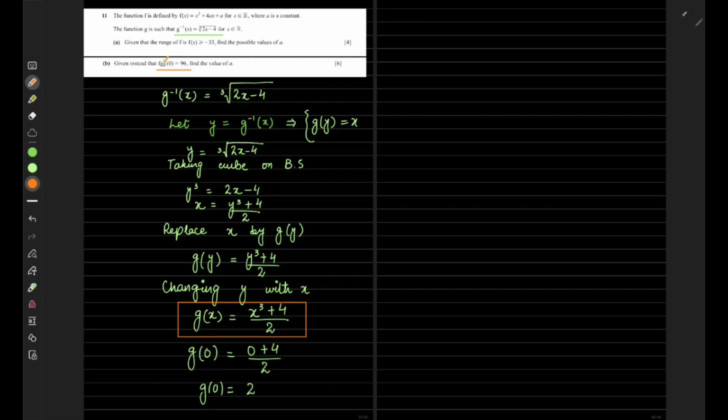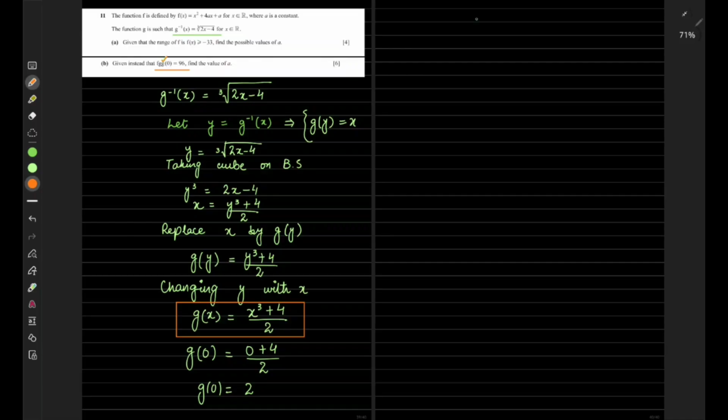Now we'll do g of 2 because now your output is 2. So now we are doing g of 2. Okay, so that will give you 2 cube plus 4 over 2. 8 plus 4 is 12 over 2 is 6.